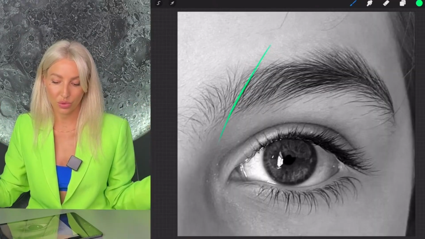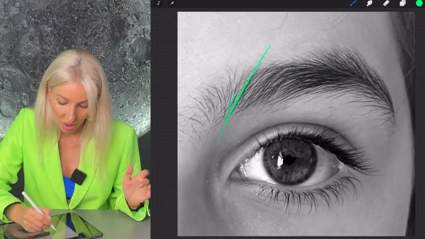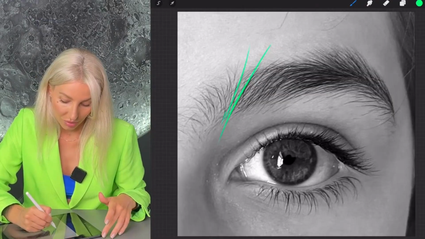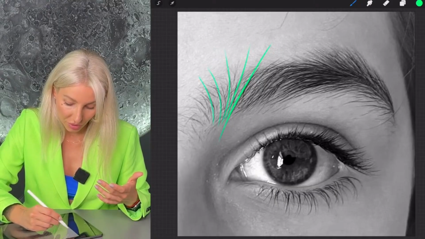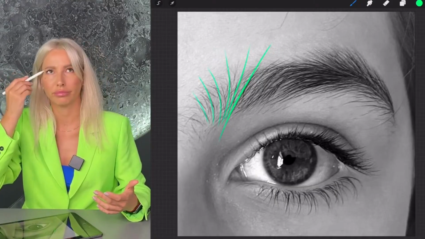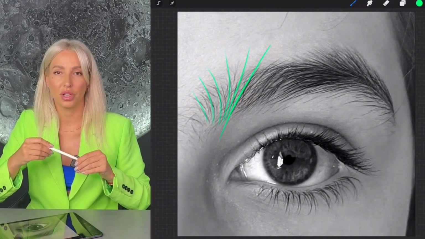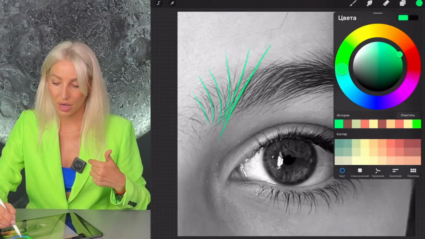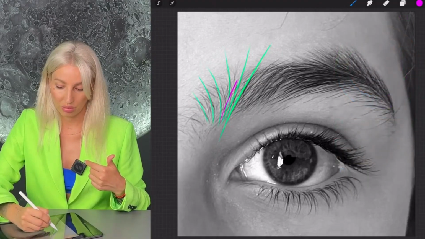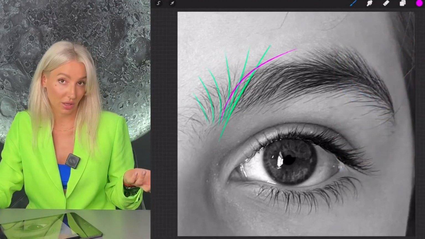There we need to draw the hair strokes which are growing up. Like this, you're analyzing the curves of the strokes, and you're already like, I need to draw here the same direction. You cannot draw on this area another direction, because they are not growing there like that.